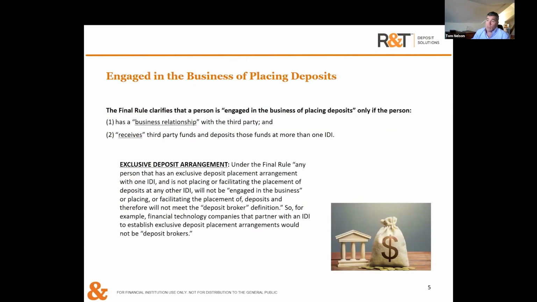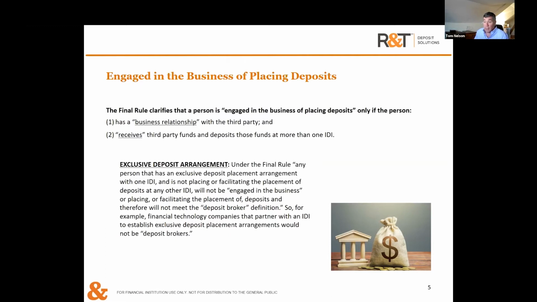So the final rule clarifies that a person is engaged in the business of placing deposits only if they do the 2 following things. 1, they have to have a business relationship with the third party. So an entity must have some type of a business relationship with the ultimate owner of the funds to be possibly considered to be engaging in the business of placing deposits.